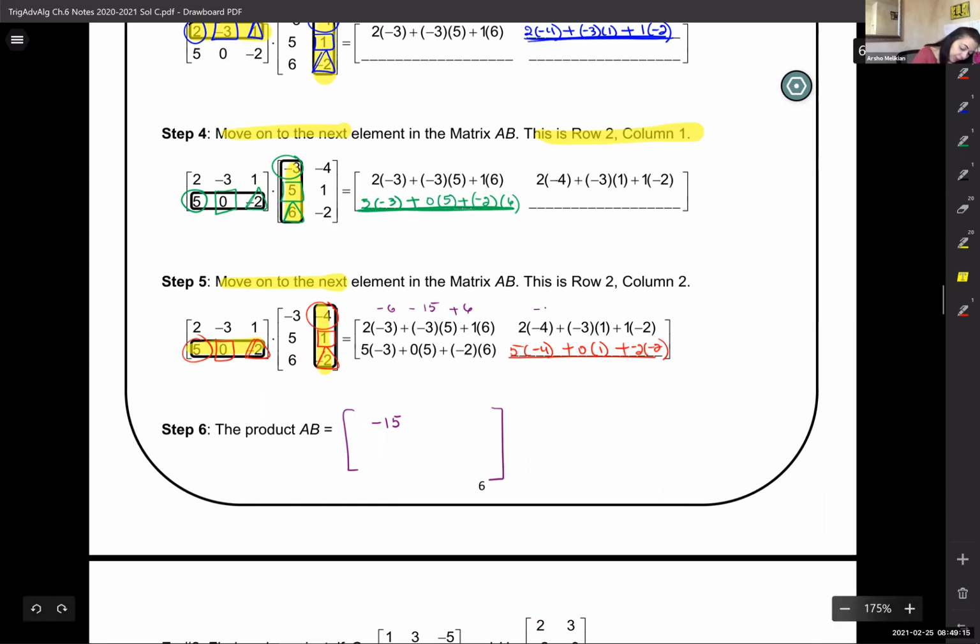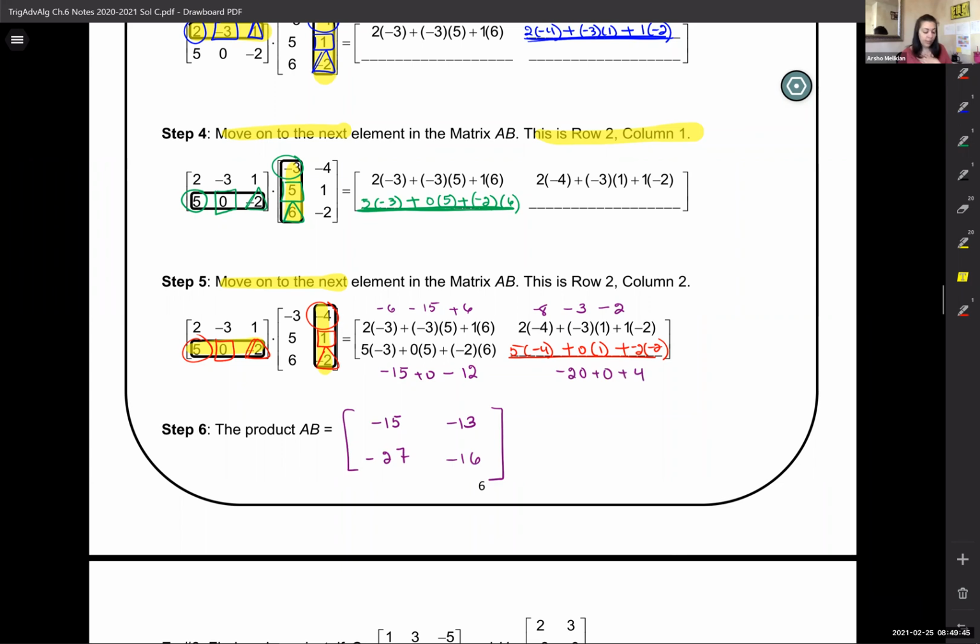Next one: negative 8, minus 3, minus 2, negative 13. Bottom ones: negative 15 plus 0, minus 12, negative 27. Lastly, negative 20, 0, and positive 4: negative 16.